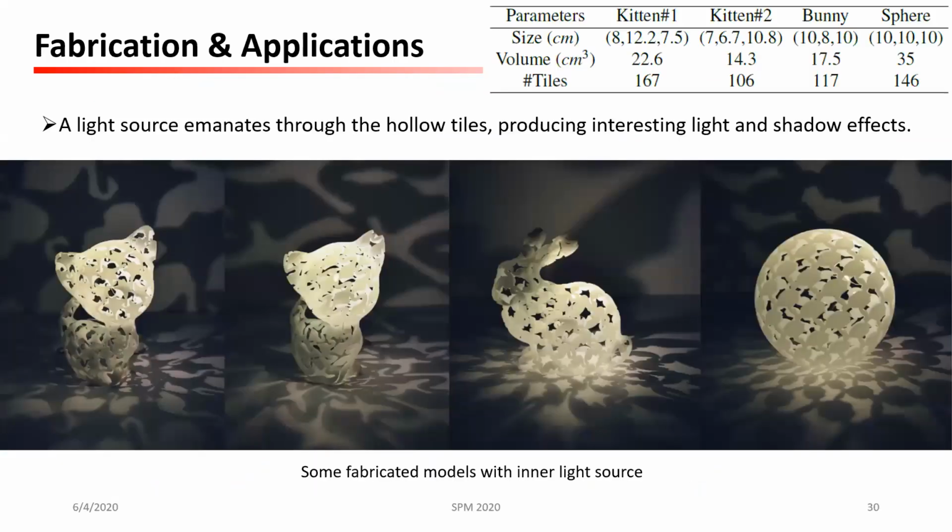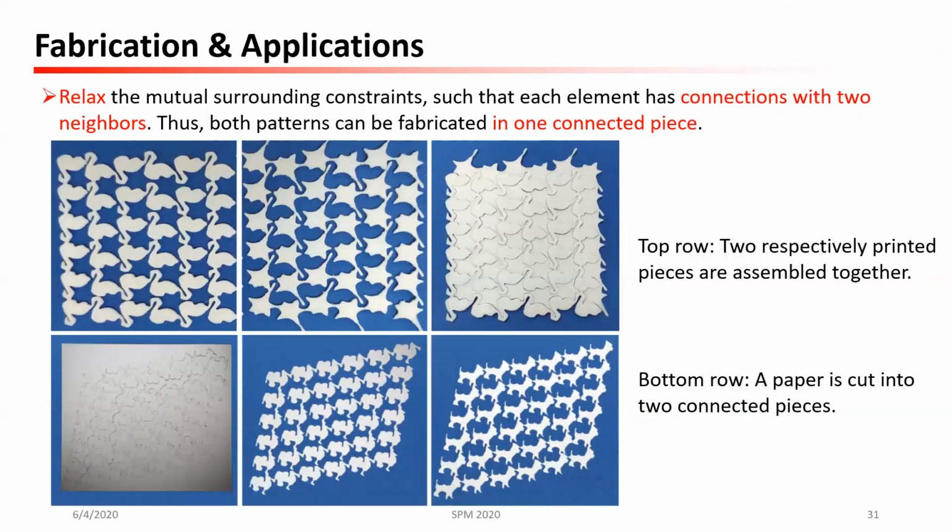A potential application is a customized lampshade with a light source in the model. The light emanates through the hollow tiles in the pattern, producing interesting light and shadow effects. We can also relax the mutual surrounding constraints for each tile, such that each element has connections with two neighbors that belong to the same shape type.